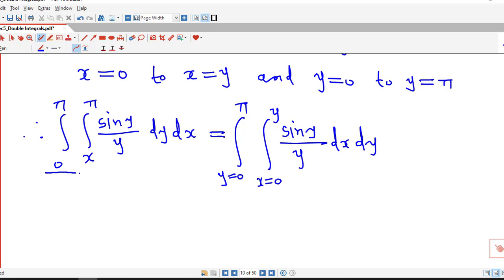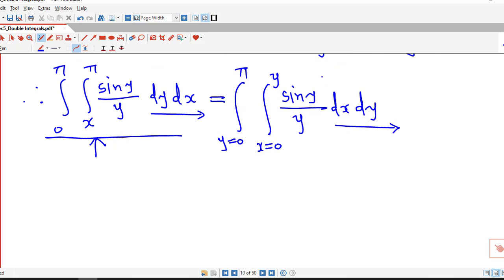But here we are asked to change the order of integration, so we have written an equivalent double integral to the given double integral, in which the order of integration is first with respect to x and then with respect to y, with limits of x from 0 to y and limits of y from 0 to pi.